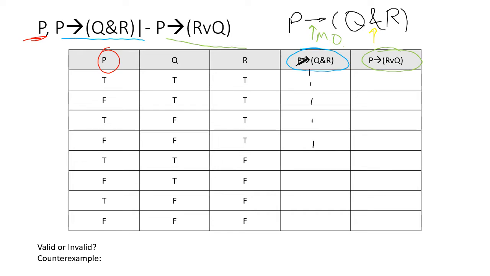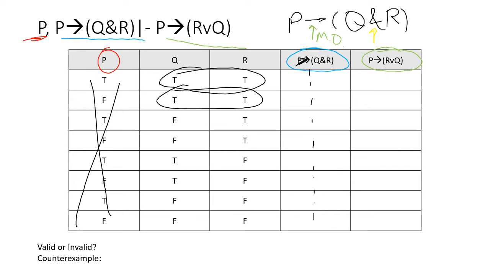We'll drop down some dotted lines. So Q and R. The ampersand is true where both sides are true. So where are both sides true? Well, they're both true here. They're both true here. The rest of them, there's at least one of them that's false. So it's going to be true, true. And then the rest of them are false.